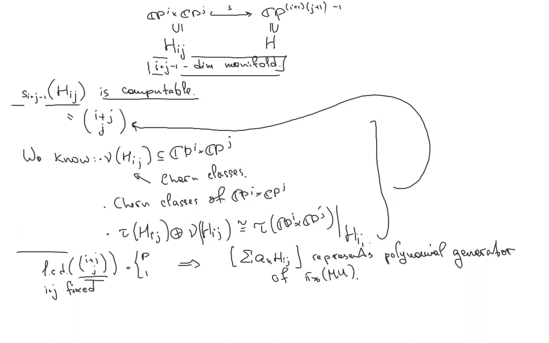So anyway, this is more or less all about the geometric representatives for the polynomial generators of the Bordism ring. So now we will discuss something purely algebraical, but hopefully it will make sense.